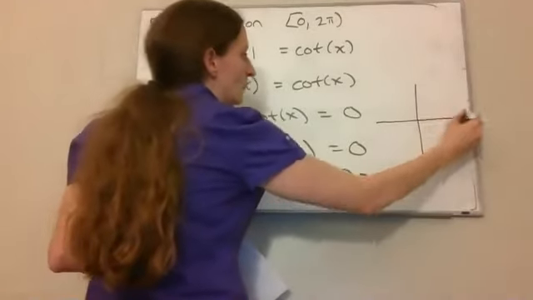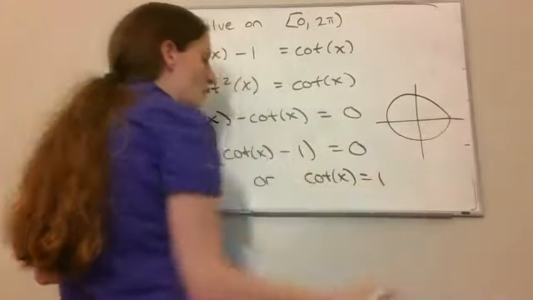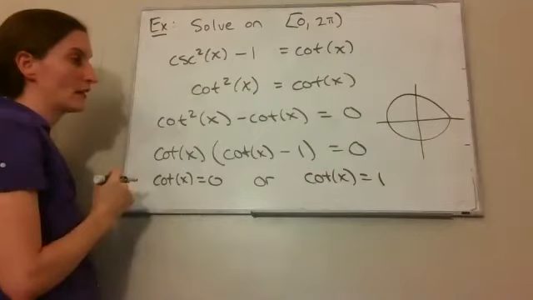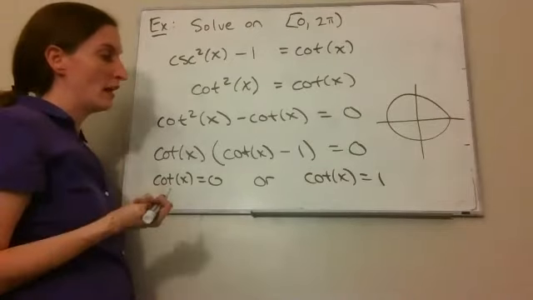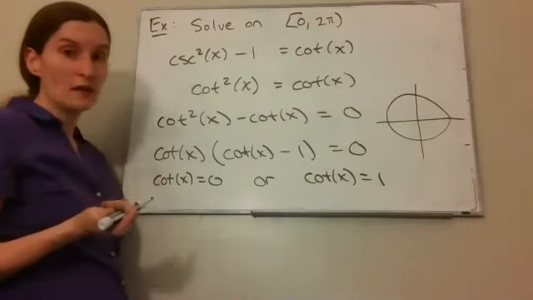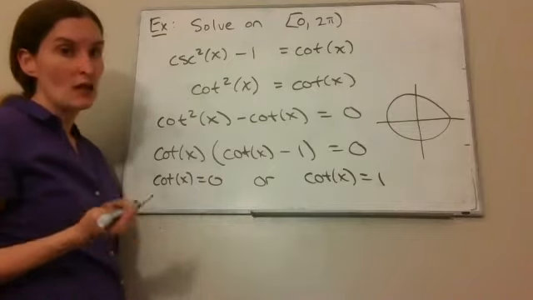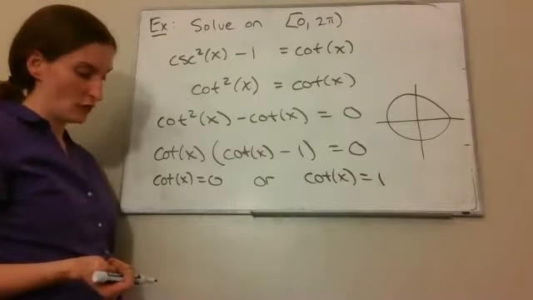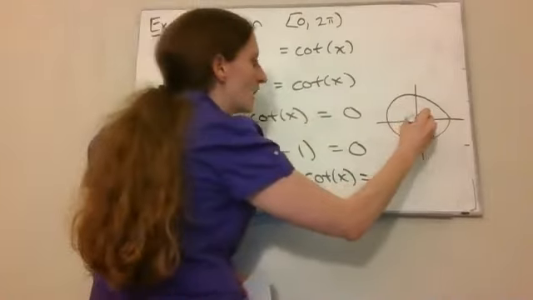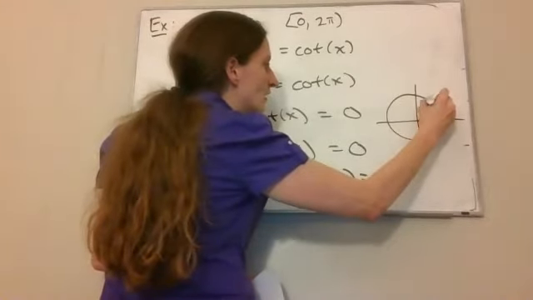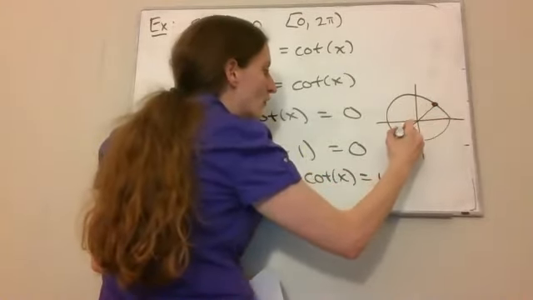Let's take a look at our unit circle again. We know the cotangent of x is going to equal 1 when either our sine and cosine are both square root of 2 over 2 or both negative square root of 2 over 2. So that occurs here at pi over 4 and at 5 pi over 4.